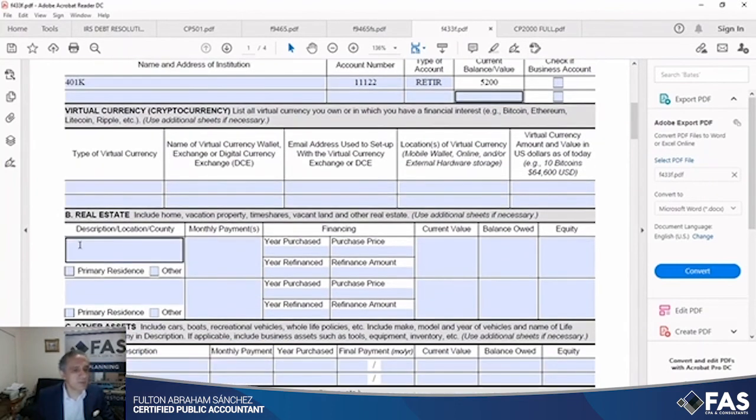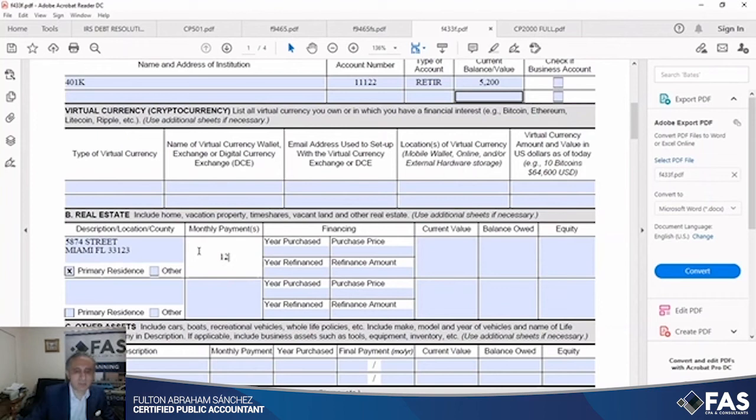Virtual currency, no virtual currency. If you have one, then you have to list it. This description is the description that you have in your tax statement from the county. Then the address is your primary residence, your monthly payments, how much you pay.